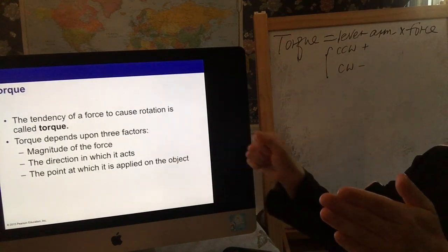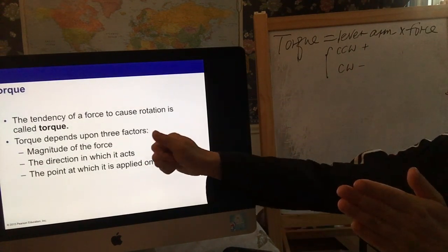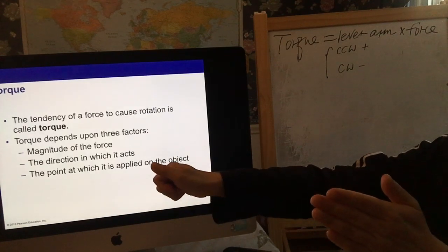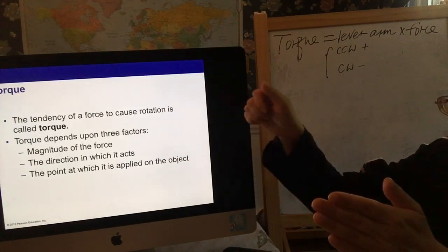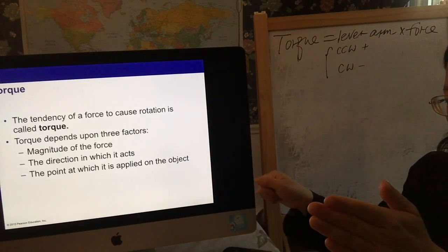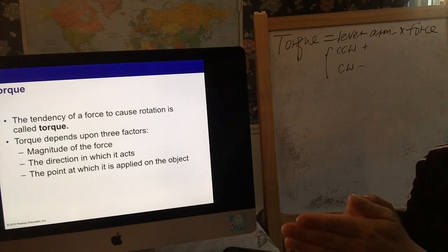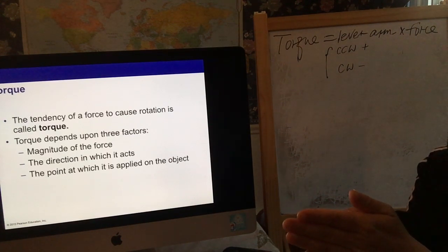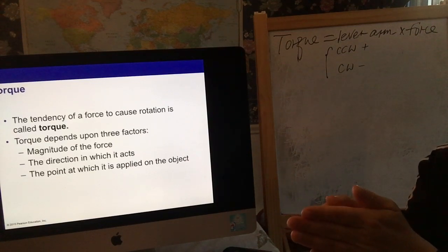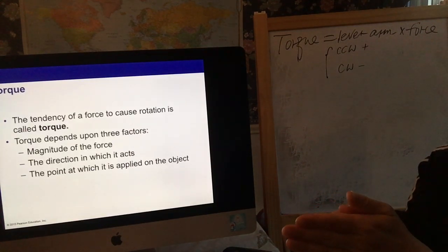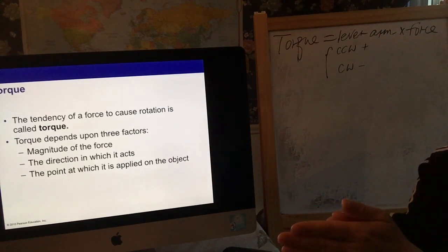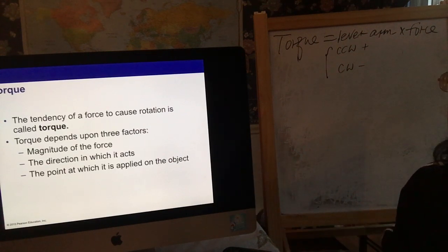When you push the door open on the doorknob, you are applying a force at where the doorknob is located. Nobody is going to push the door open by applying the force very close to the hinge. And you don't see a doorknob located very close to the axis of rotation where the hinge is located for the door.